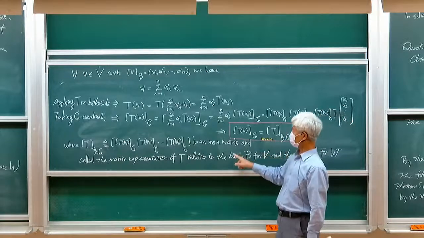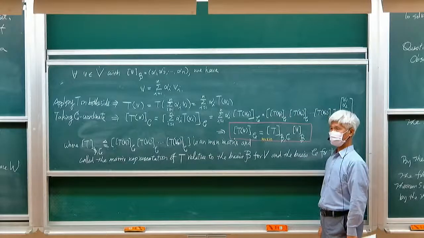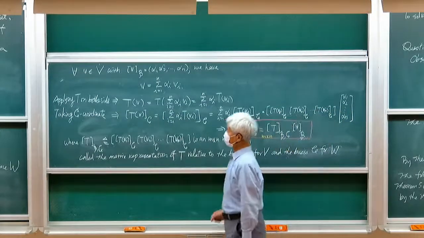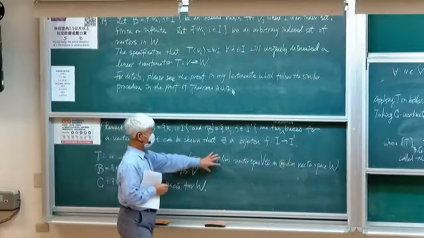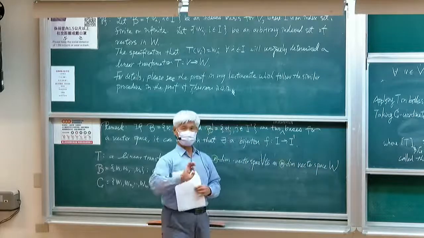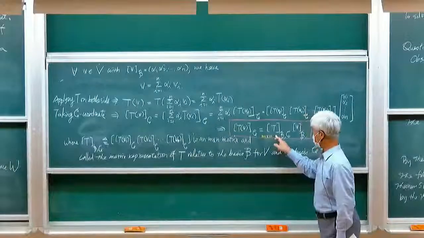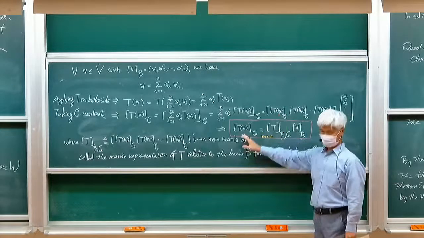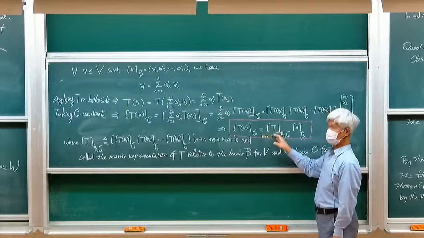And this matrix will be called the matrix representation of T relative to B and C. So with coordinate systems, a linear transformation from an n-dimensional vector space to an m-dimensional vector space can be described as a linear transformation from the n-dimensional Euclidean space to the m-dimensional Euclidean space. And here we have a matrix.